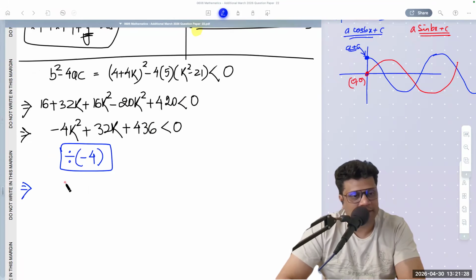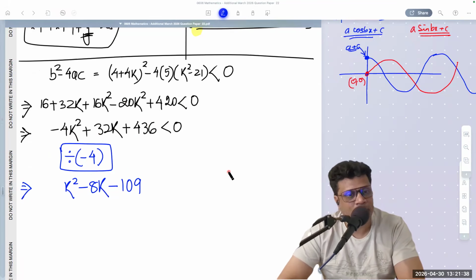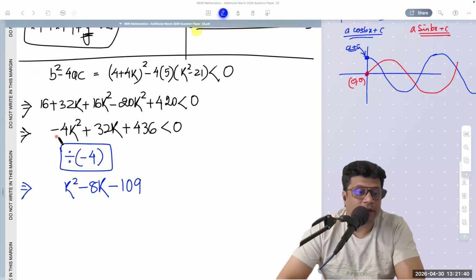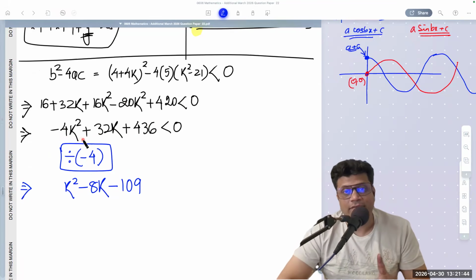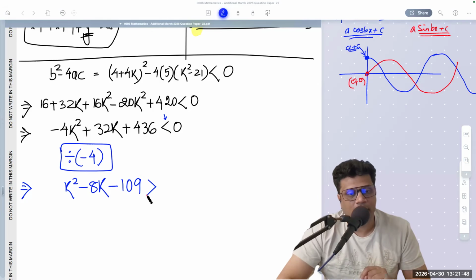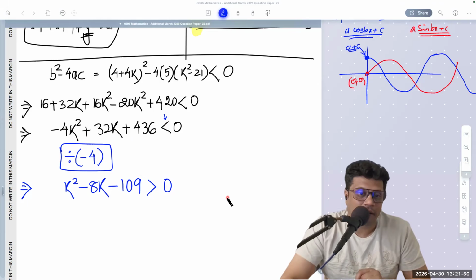So this becomes k square. This becomes negative 8k. And this becomes negative 109. But the moment you divide an inequality by a negative number, the inequality flips. It becomes greater than 0 now.